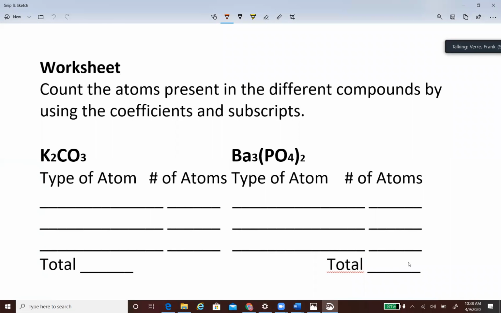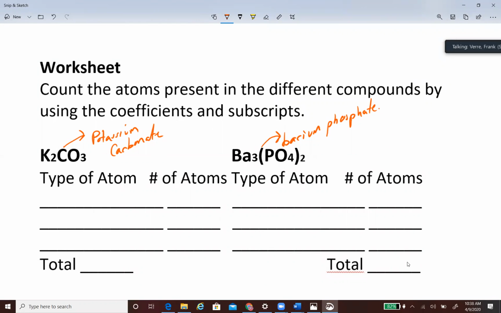Last time we talked about how to name them. So, for example, this would be potassium carbonate, and this would be barium phosphate. That's important because you may get the name, not the formula, and therefore you have to get the formula.